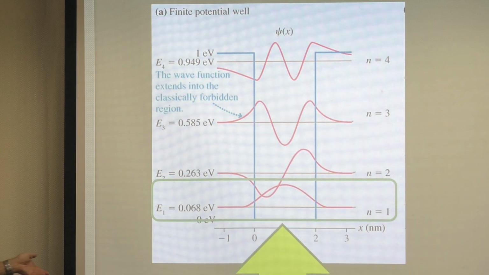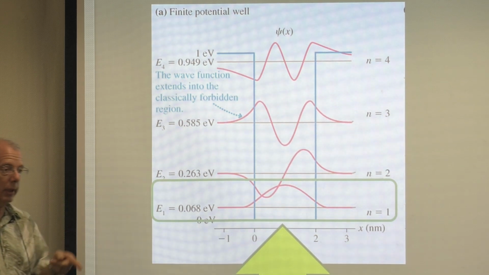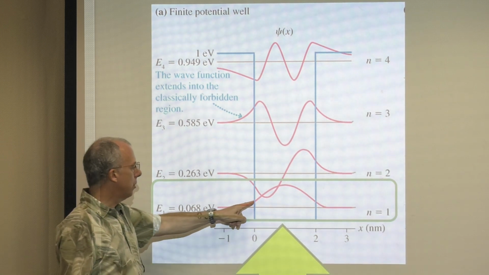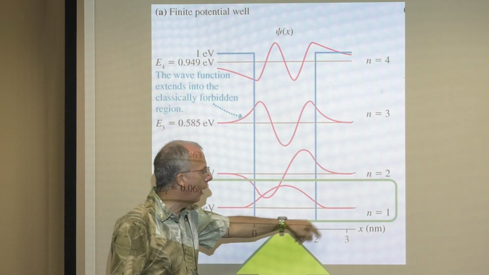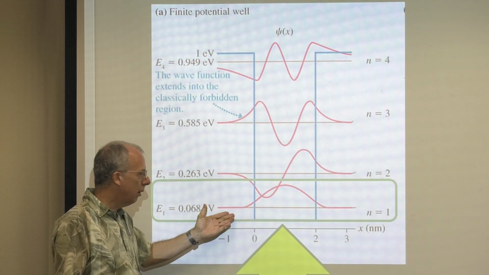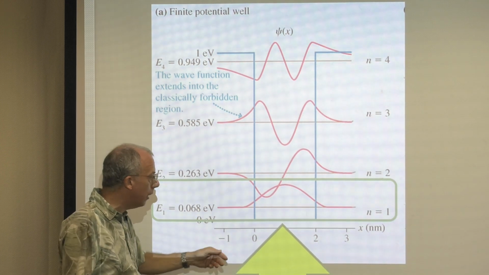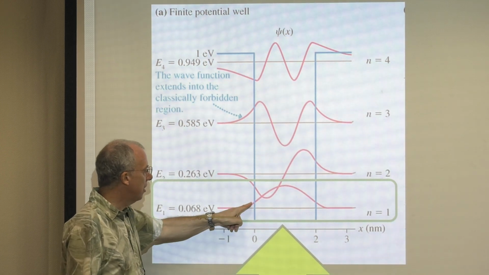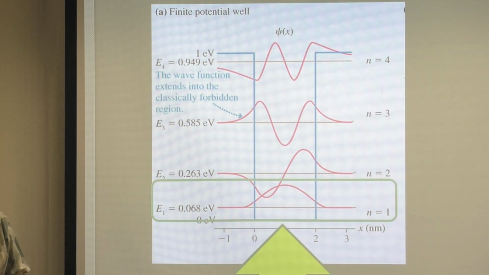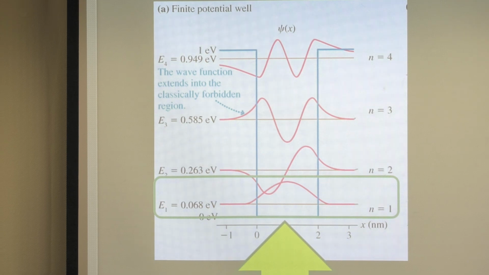Now, what does that mean? Well, remember, the probability density is the wave function squared. So if the wave function extends outside the well, that means there's a non-zero probability that the particle exists outside the well. Wait a second. That's insane.